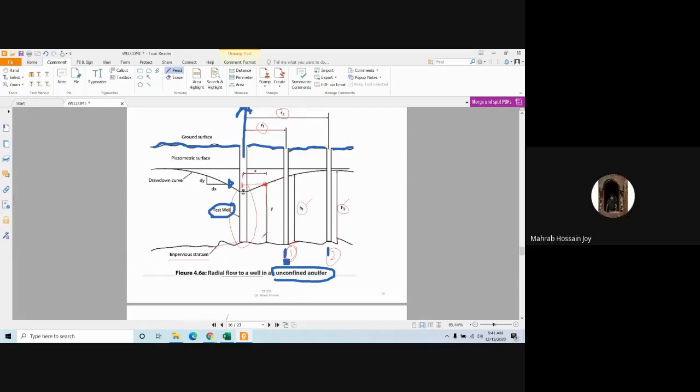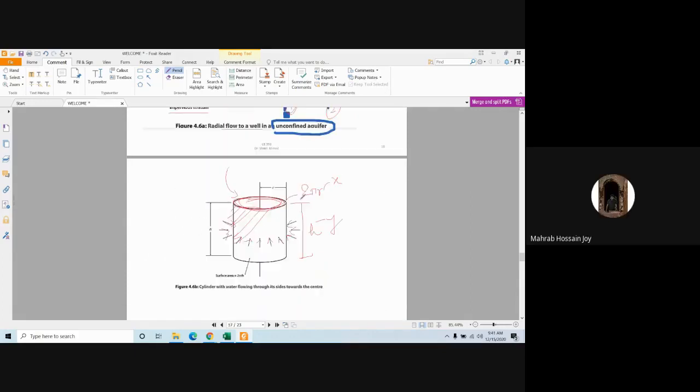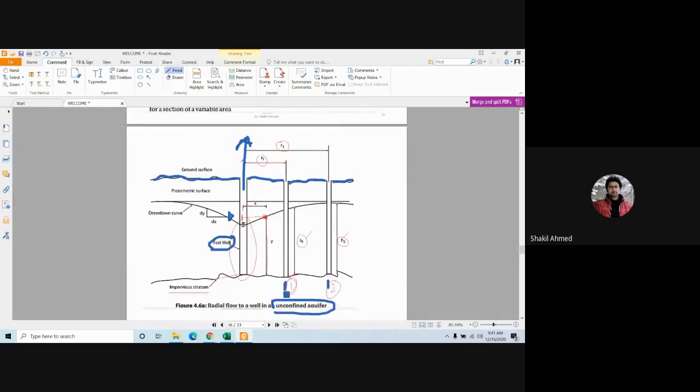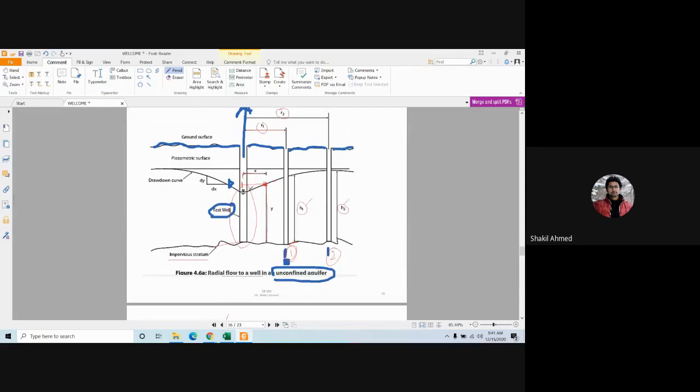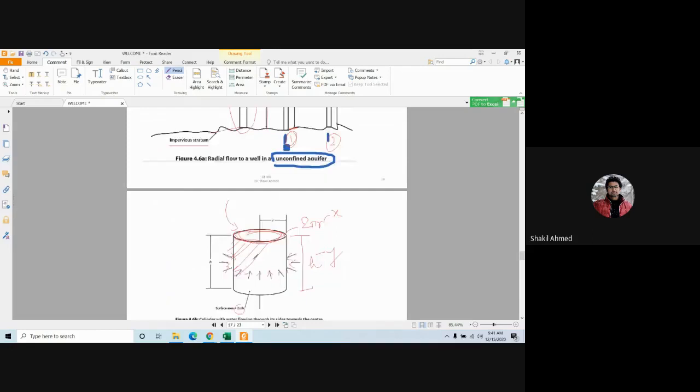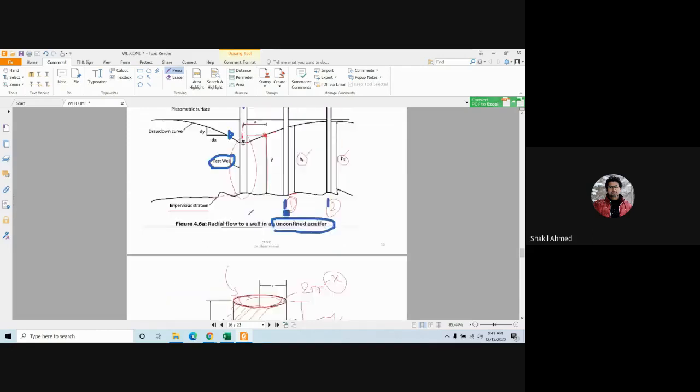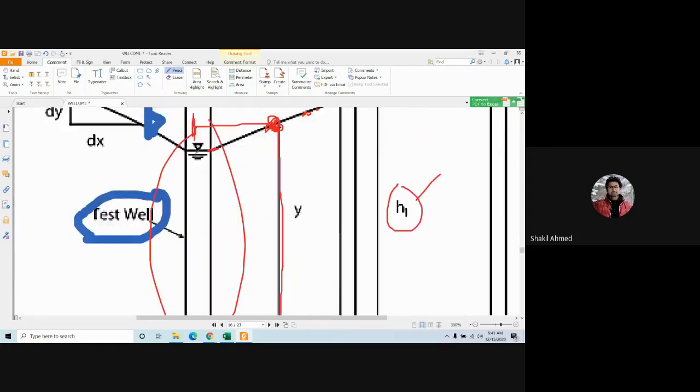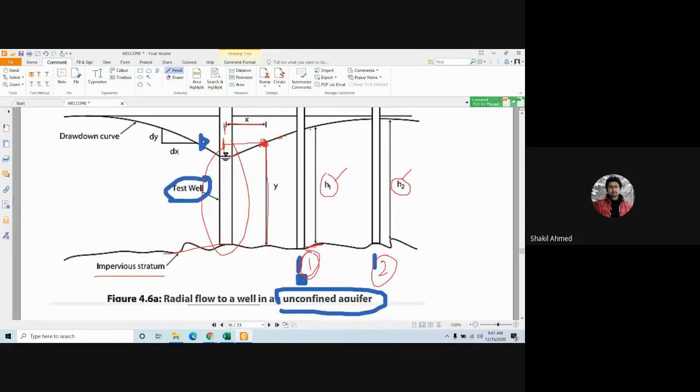Is it clear? Twice pi R H, is it clear? So R is basically the horizontal distance, right? Now let's call this X. If this is the drawdown up to this level, then your area will be this, am I right?